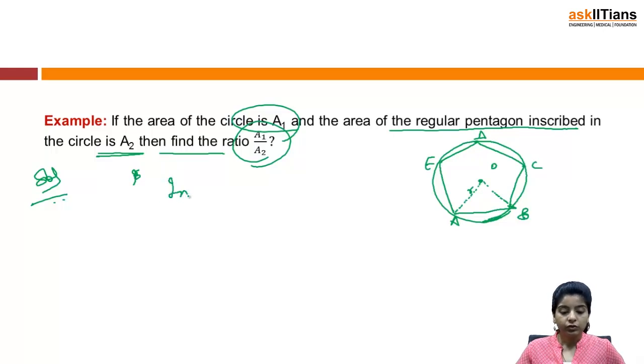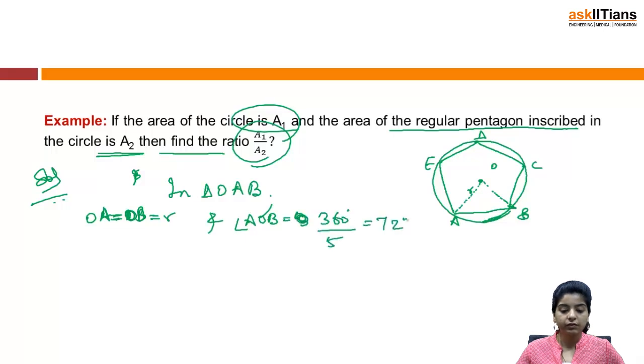So in triangle OAB, we know OA equals OB equals R, both are radii. And angle AOB is 360 by 5, which is 72 degrees.